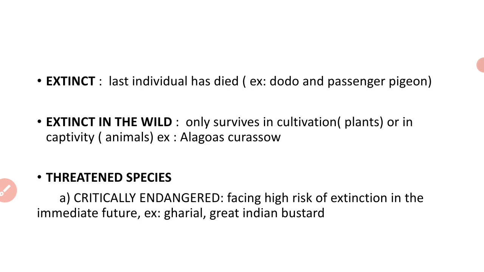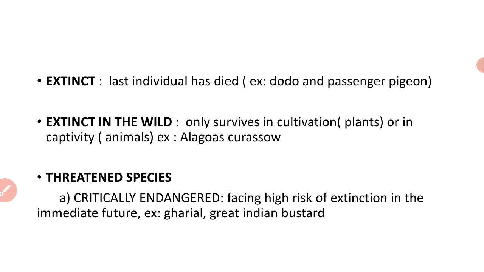If it is less than 50 mature individuals, then it is classified under critically endangered. And fifth parameter is probability of extinction. If at least 50% is their probability of extinction within 10 years or 3 generations, then they are classified under critically endangered.